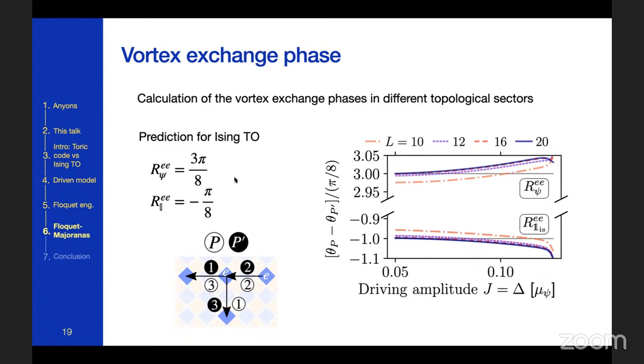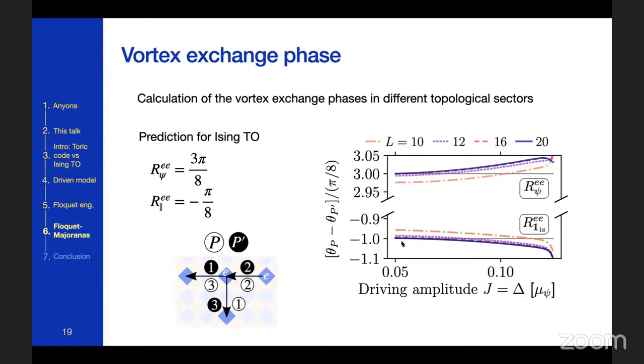So also in this case, I compute my Floquet Hamiltonian, construct the sequence of the Floquet BCS ground states, and extract the exchange phases. What one obtains is that as the system size increases from 10 by 10 to 20 by 20 square lattice torus, in the vacuum sector and the fermion sector, the exchange phases converge towards the predicted expected values, which are here given in units of pi/8.